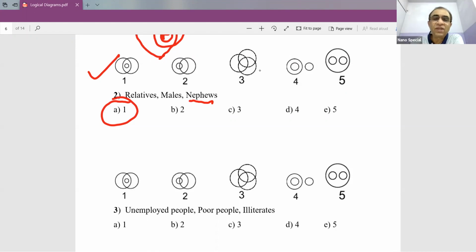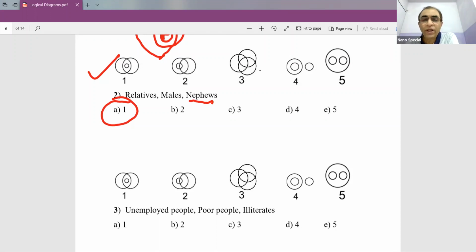Now if you take these three sets, unemployed people, poor people, illiterates, you can often find unemployed people who are poor, and some unemployed people may not be poor, because they may have family wealth and things like that. So there may be some overlap.